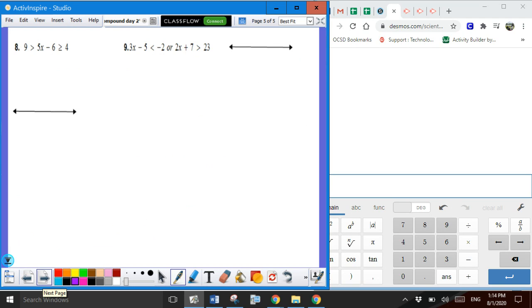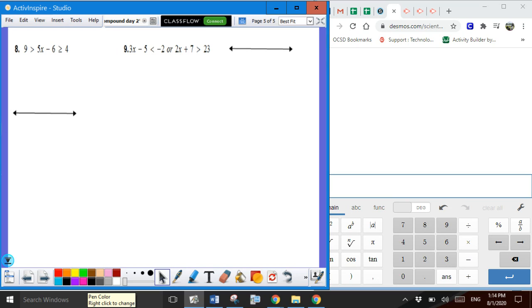Okay, I want you to hit pause. I want you to solve these 2 problems on your notes. And let's see how you do. Okay, let's start with this first one. So I know that an "and" inequality, this is going to be my center.